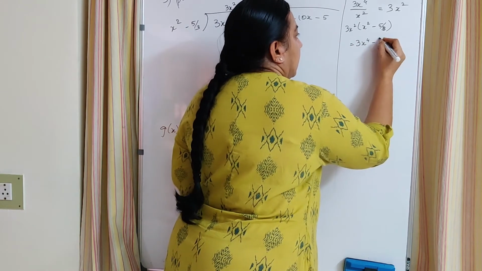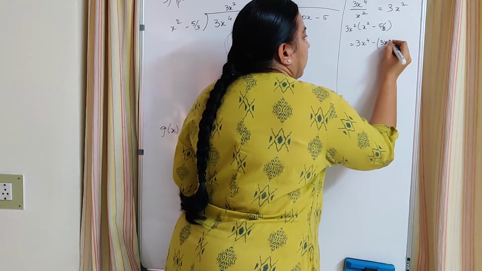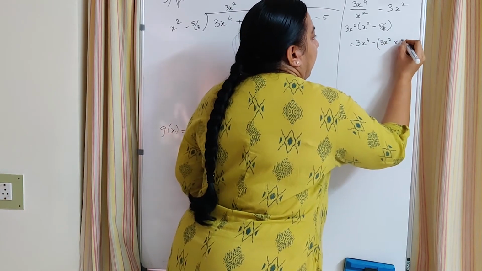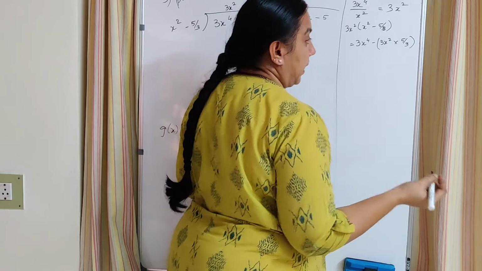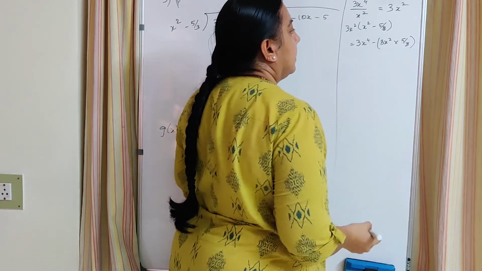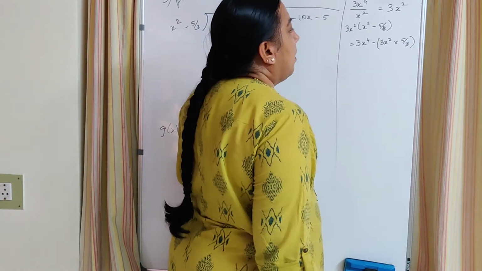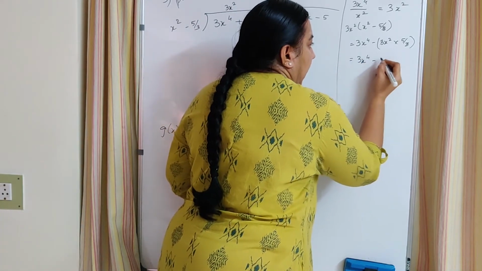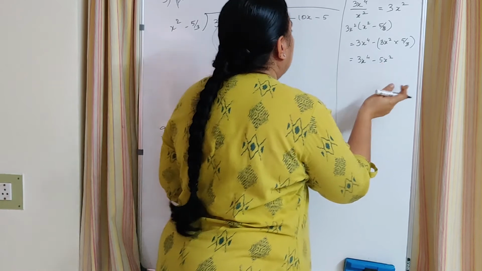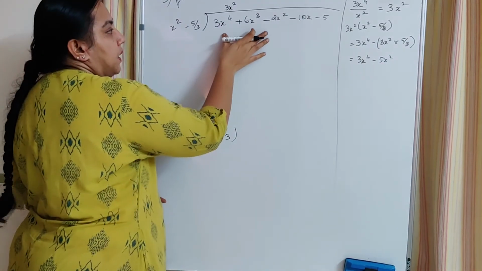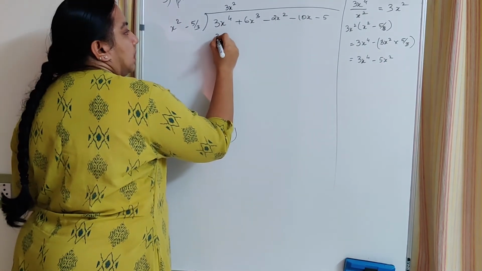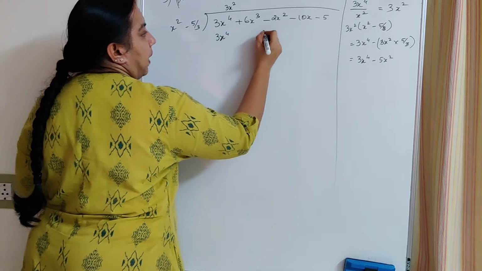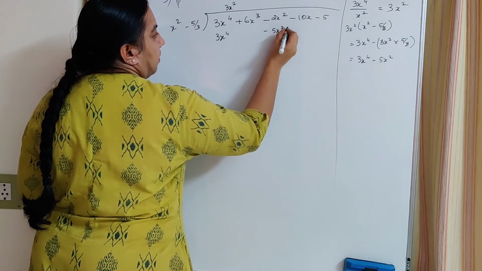Then the next term, 3x square into 5 by 3. I told, right, the 3 gets cancelled, so the remaining is minus 5x square. So 3x power 4 minus 5x square. Bring it down and write it as per its place value.